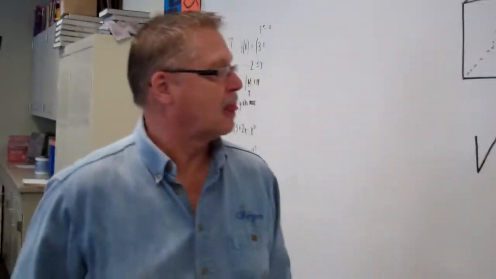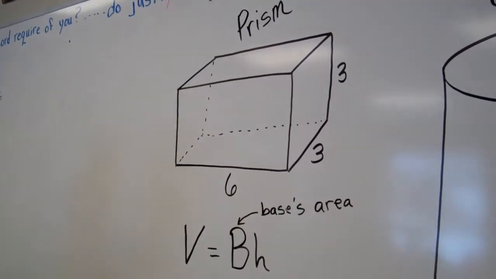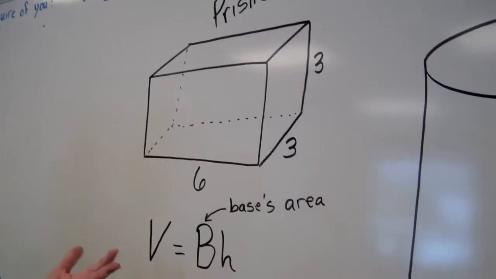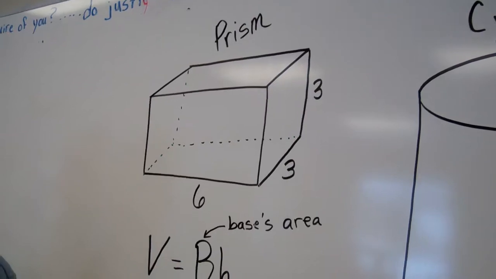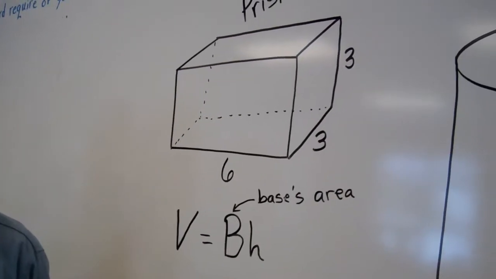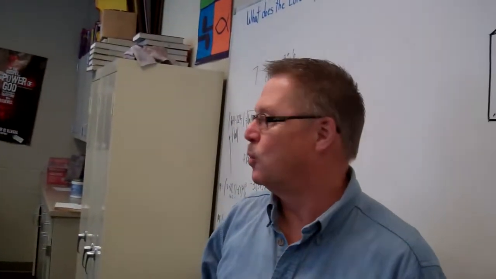All right. I'm going to let Dave help me here. Dave, this is a prism. And the boys here, they talked about the area of the base. Which side of that is the base? I mean, there's three possible bases. He's so right.